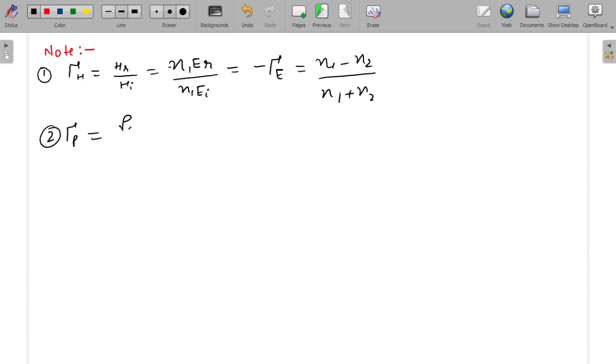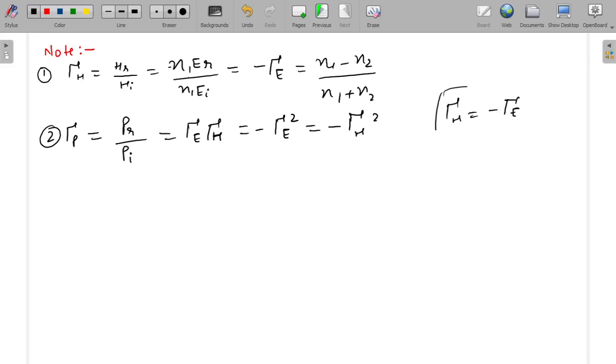Tau P, that is equal to Pr by Pi, the reflected power divided by incident power. So that can be given as reflection coefficient of electric field into reflection coefficient of magnetic field, that is equal to minus reflection coefficient of electric field squared, that is also equal to minus reflection coefficient of magnetic field squared, because tau H is equal to minus tau E. This formula you should remember.